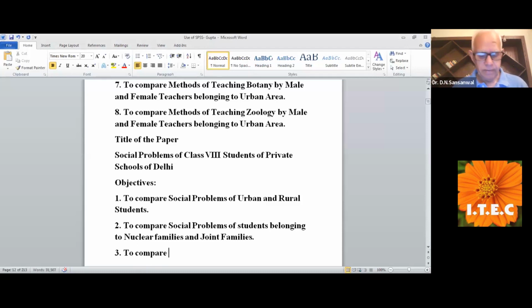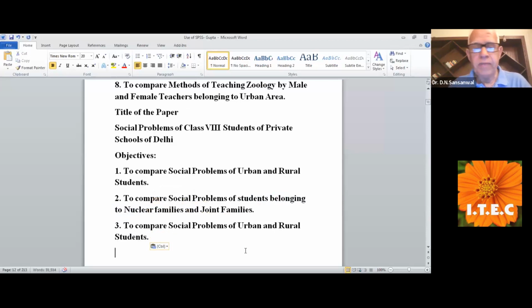To compare social problems of urban and rural students belonging to nuclear family.